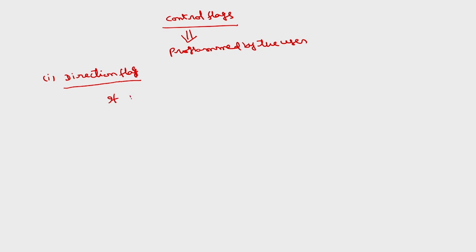If the direction flag is 1, then this will be used in string operations. Auto increment will be operated in auto increment mode.